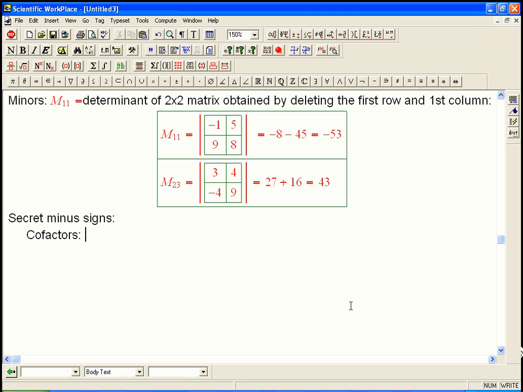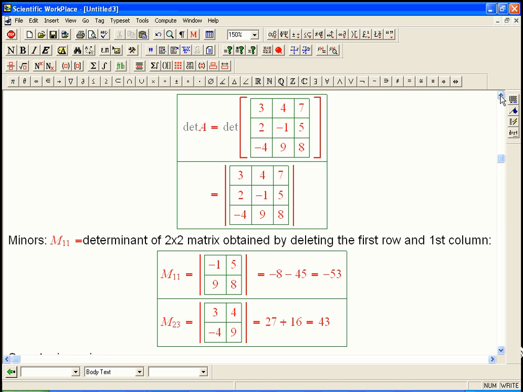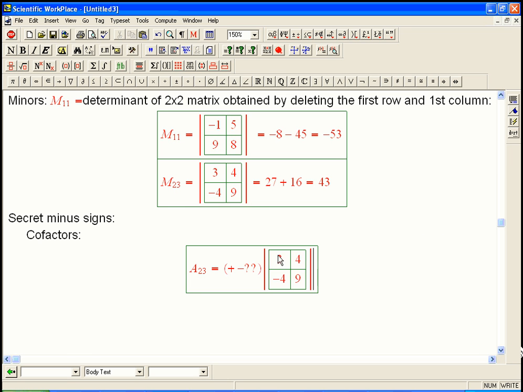So, like A23, these are called the A's. A23 is the 2,3 cofactor. It's just going to be plus or minus, a known sign that we're going to fill in in a second, times M23. The sign pattern is very easy to remember.